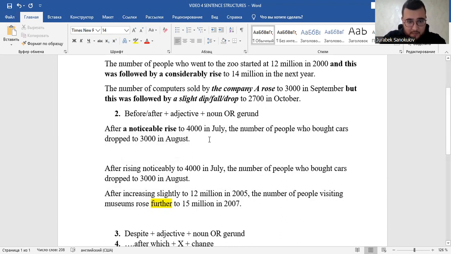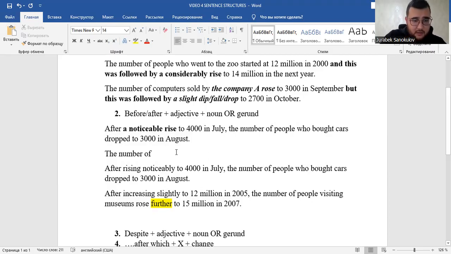So, look at this. The number of people, let me just read it. I'm just getting confused myself. After a noticeable rise to 14,000 in July, the number of people who bought cars dropped to 3,000 in August.